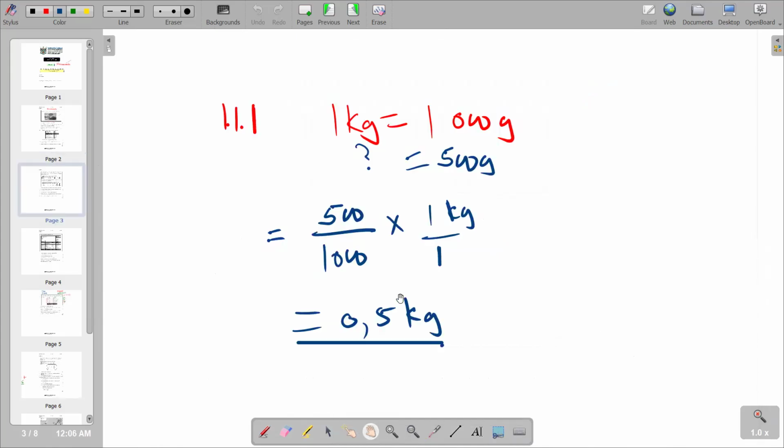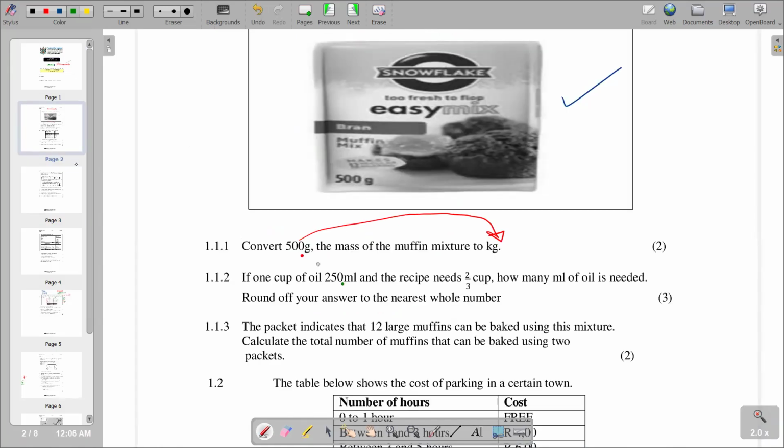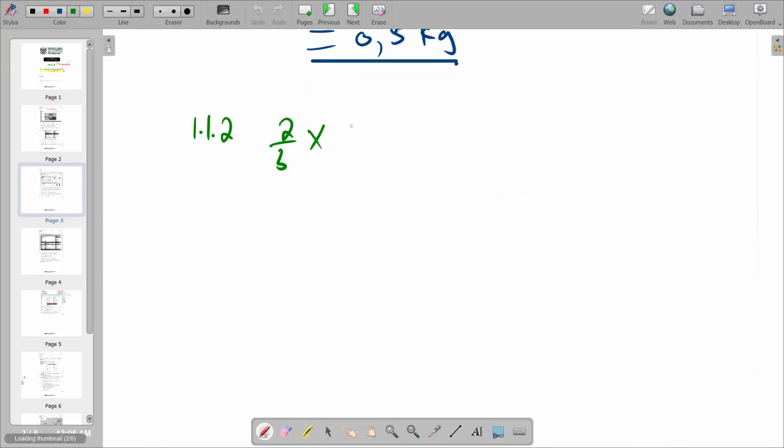So in our answer section, we calculate it like that: two-thirds, which is 2/3, and then we multiply by the given quantity of the cup, which is 250. That's how we calculate.